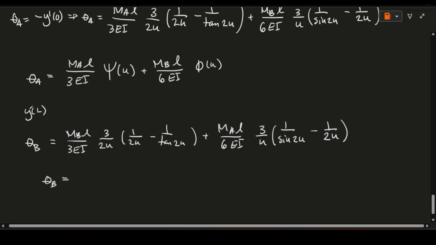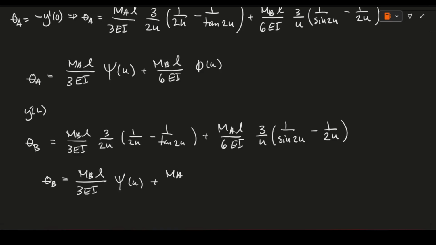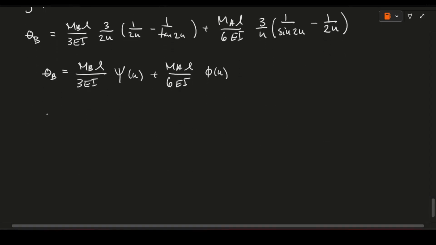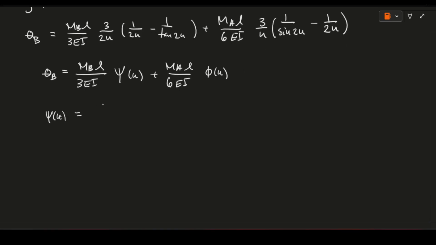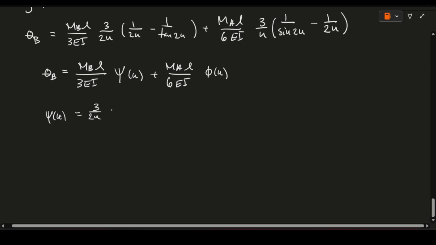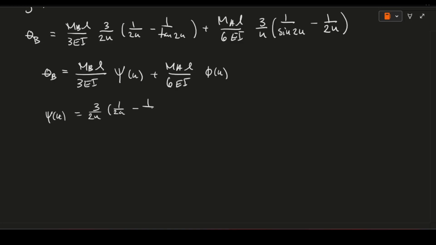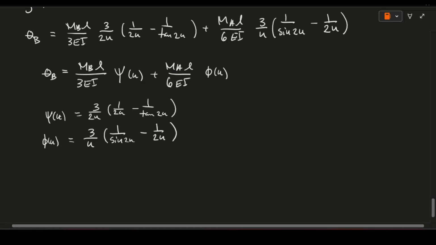So theta B becomes MBL over 3EI times this psi of U plus MAL over 6EI times this phi of U. So this psi of U is 3 over 2U times 1 over 2U minus 1 over tangent 2U, and this phi of U is 3 over U times 1 over sine 2U minus 1 over 2U. And that is module 6.